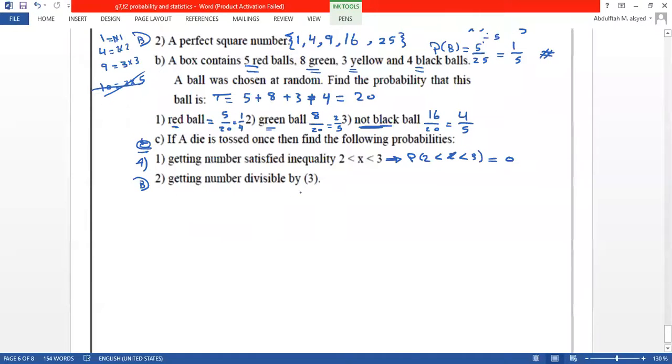Also, getting a number divisible by 3. So B: what are the numbers on the dice that are divisible by 3? These numbers are 3 and 6. So the probability of B equals 2 over 6. You can simplify by dividing by 2, 1 over 3.